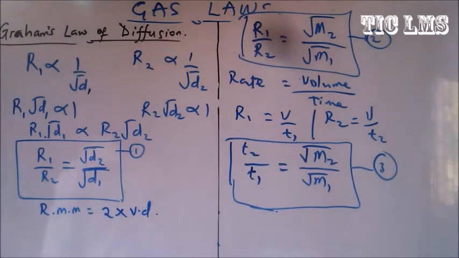Now first, diffusion is the movement of particles of a matter from a region of higher concentration to a region of lower concentration through a medium. So there may be an opening of sorts to permit the particle to move.